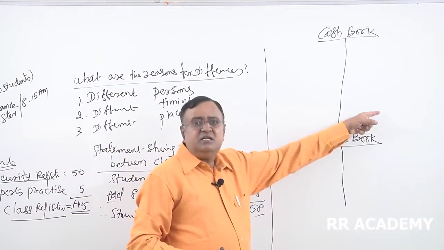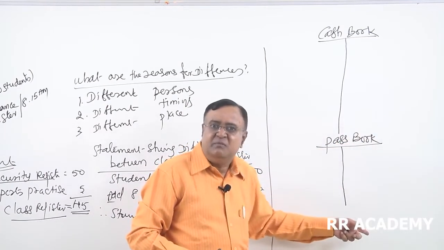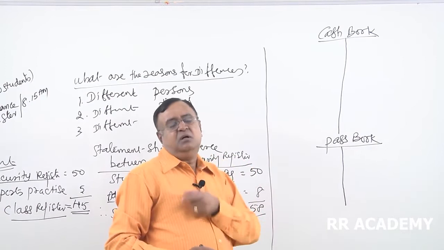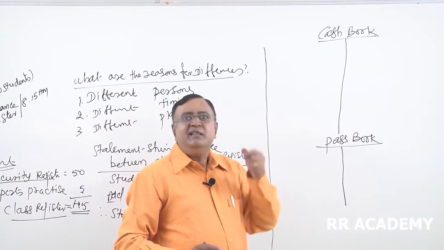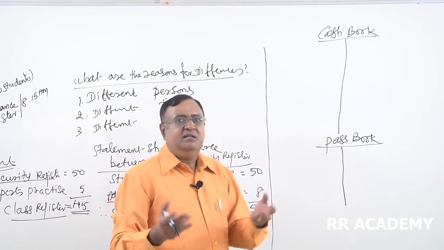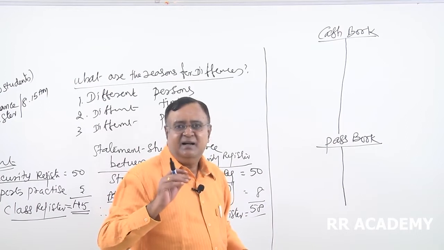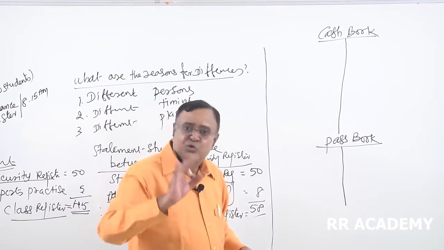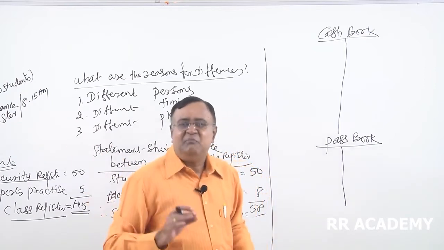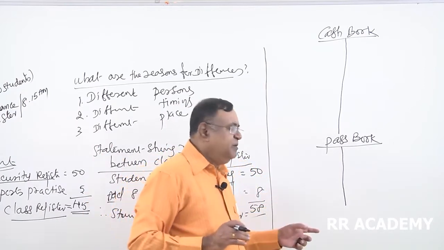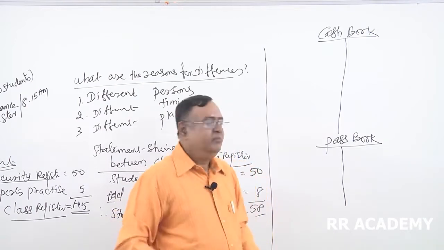Cash book balance 51,000, passbook also 51,000 must be there. But passbook 35,000. The manager will ask you, why is there a difference? That I don't know, sir. As an accounts officer, you should not say like this. You must tell the manager, sir, please wait, I will prepare a statement and I will explain.